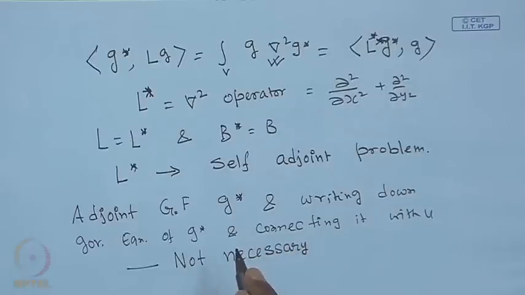Not necessary for this boundary value problem. Simply because this is an elliptic problem and the problem itself is self adjoint, L is equal to L star and B is equal to B star. Therefore, G star and G will be identical: they will have identical expression, identical boundary conditions, and identical governing equation.